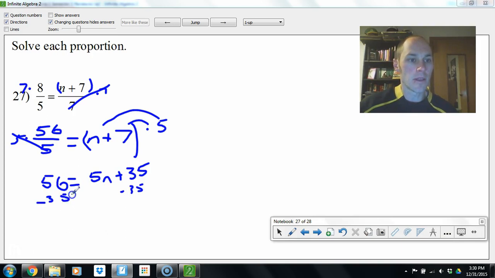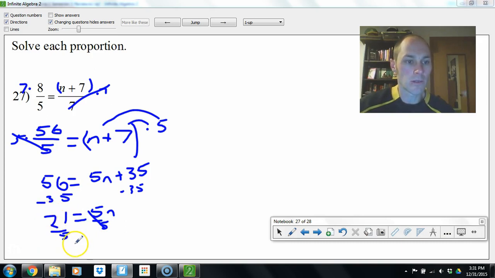And that'll leave me with 21 equals 5n. And then to get n by itself, I can divide by 5. That doesn't divide into a nice easy integer, but we can leave it as 21 fifths, or 5 goes into 21 4 times, with 1 remaining. So 4 and 1/5, or if you prefer decimal, 4.2.